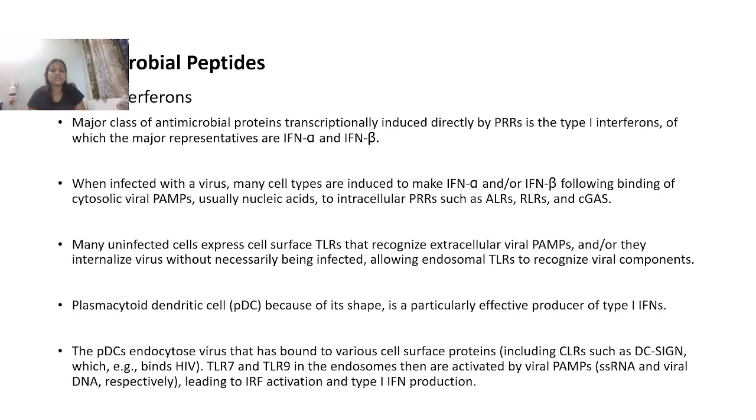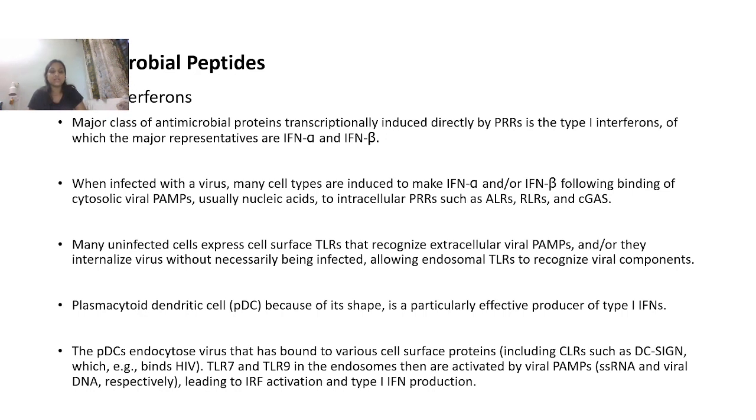There is also another specialized type of cell, the dendritic cell. There are different types of dendritic cells. One type is the plasmacytoid dendritic cell, named so because of its shape, and it is particularly effective in producing type 1 interferon.